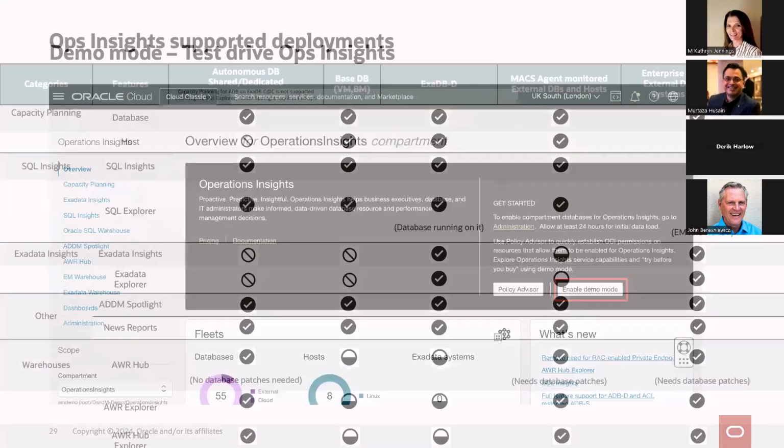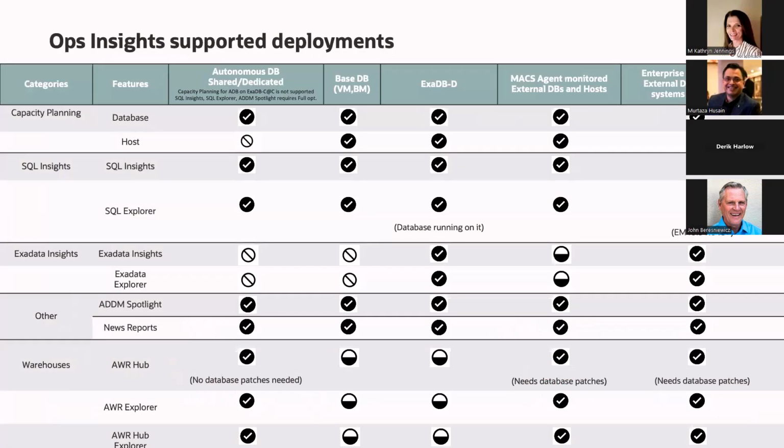All right. With this, I will go into some of the supported deployments that we have for the Ops Insights service. As you can see, we have very rich support for the different database flavors and categories, meaning the applications that are within Ops Insights.